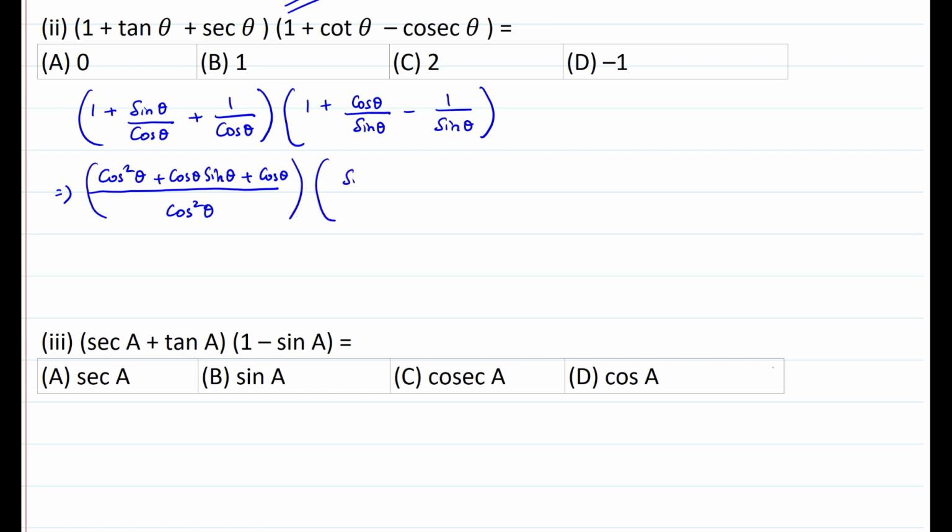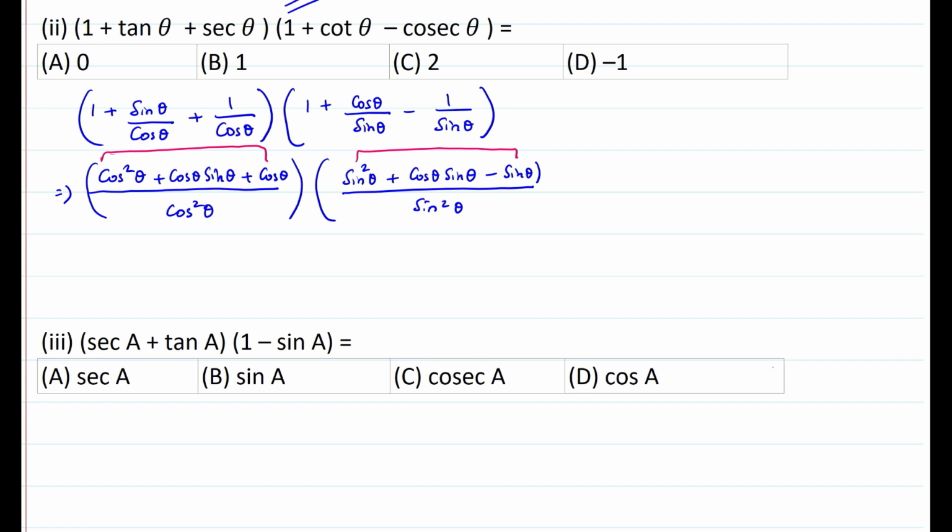Here in the same way, sin square theta plus cos theta into sin theta minus sin theta, the whole thing divided by sin square theta.